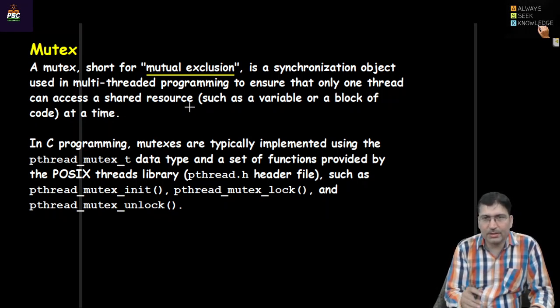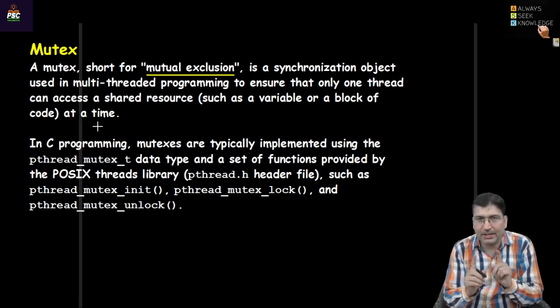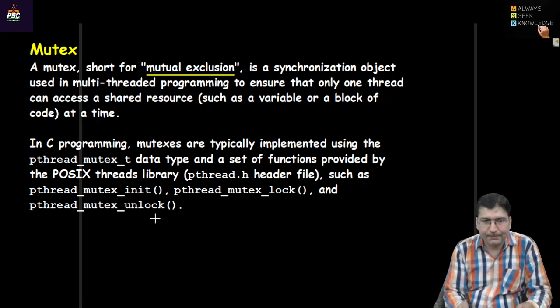So we use the mutex in case we create a multi-threaded process. Okay, such a variable is used to block a particular thread for a certain duration, and it can ensure the mutual exclusion. So mutex can ensure the mutual exclusion, right?